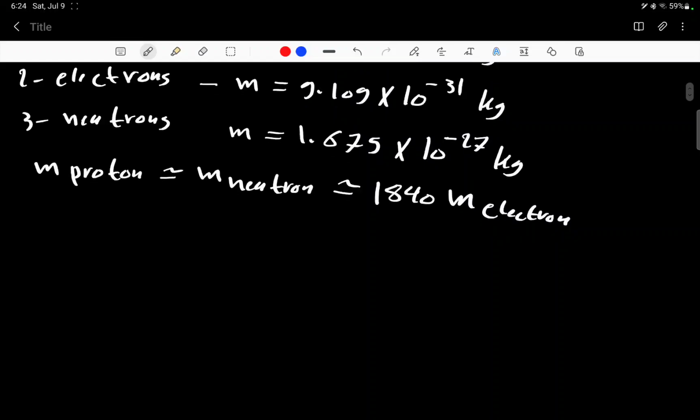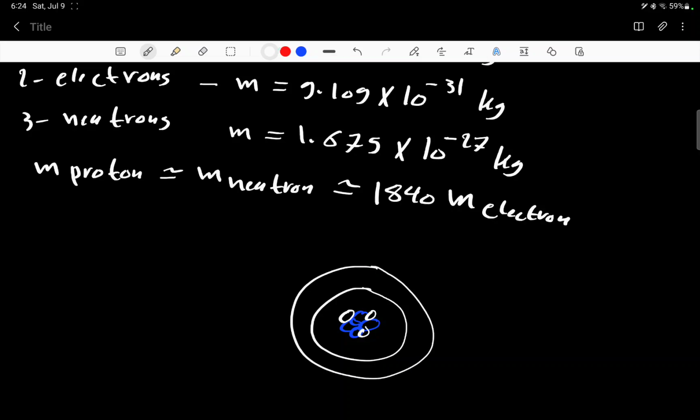Now let's draw an atom. So here we have what is called the nucleus, which is composed of protons in blue and neutrons in white.